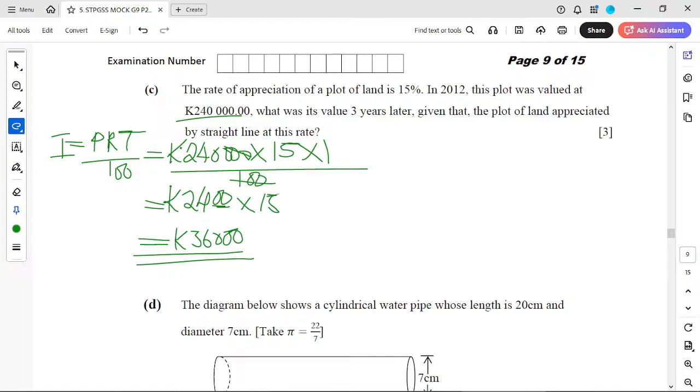Now we have found the appreciation of land in 1 year. The next thing that is remaining is for us to find the appreciation of land in 3 years.